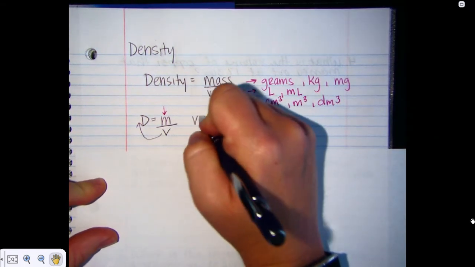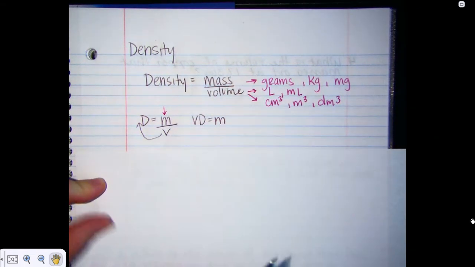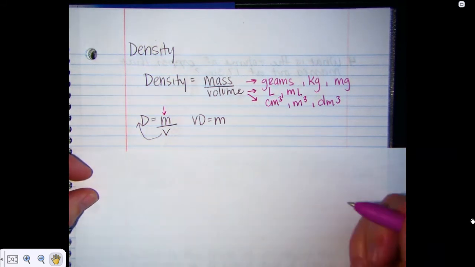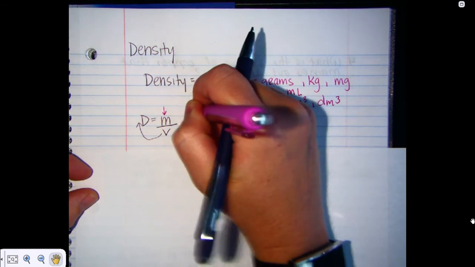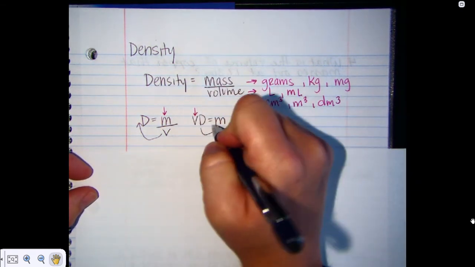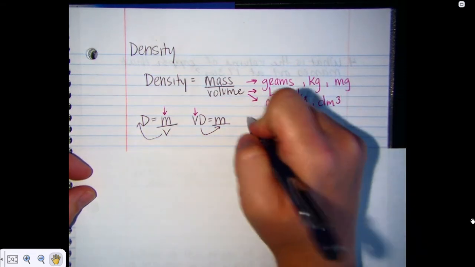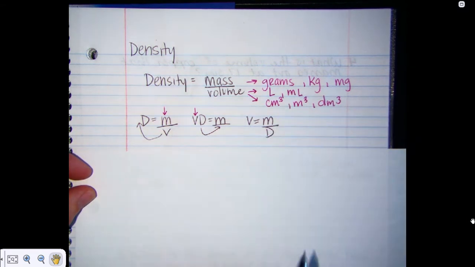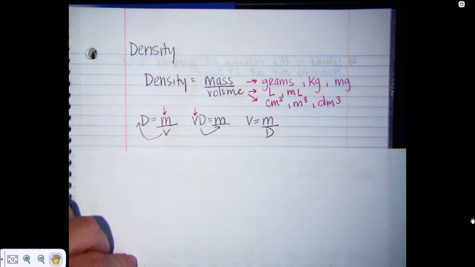That's going to give me VD equals M, and now I can solve for mass. I can do the same thing if I want to solve for volume. To isolate volume, I'm going to divide by density across, and that gives me volume equals mass over density. So one easy to manipulate equation allows me to calculate three different variables.